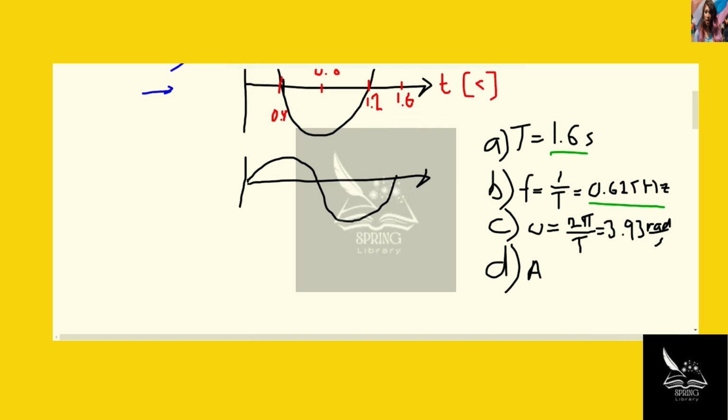That means that we have A times the angular frequency equals 20 centimeters per second. And we can just then say that the amplitude is 20 over omega, which is approximately 5.1 centimeters.